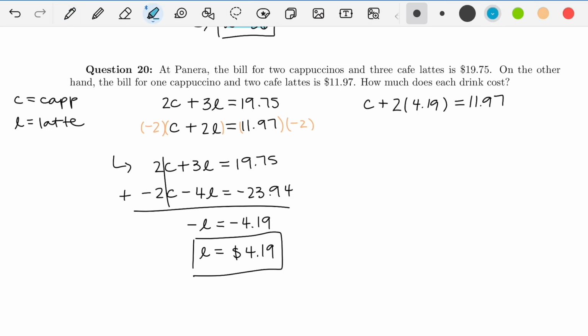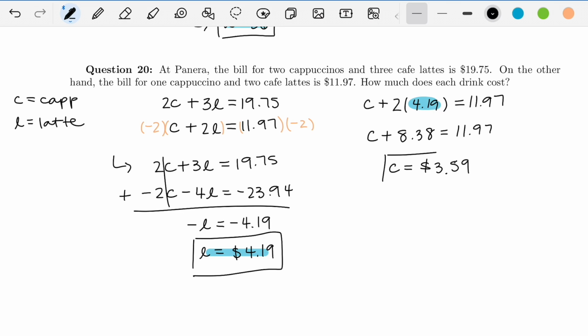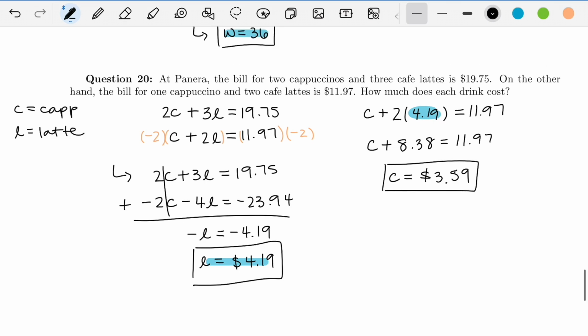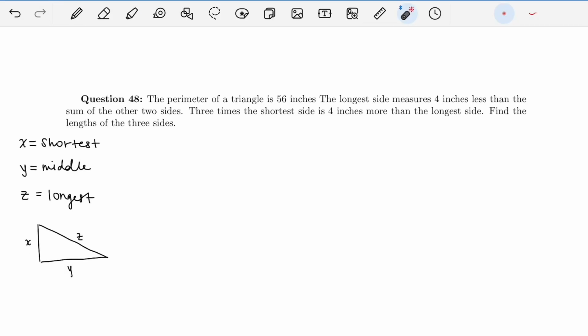Okay, so just plugging in this value for L here, now we're going to get C plus 8.38 is equal to 11.97, and then solving for C by subtracting this 8.38 on both sides, we're going to get that our cappuccinos are going to be $3.59 each. All right, so that's how we do a problem like this.